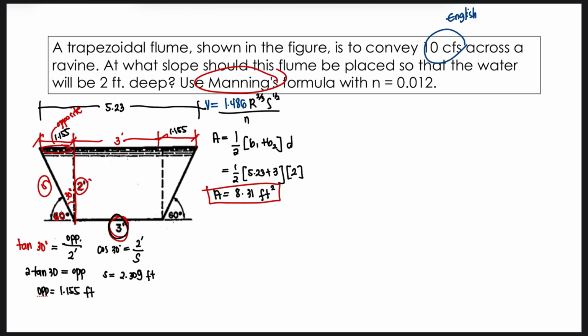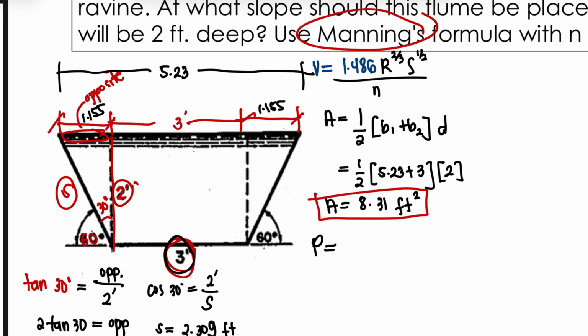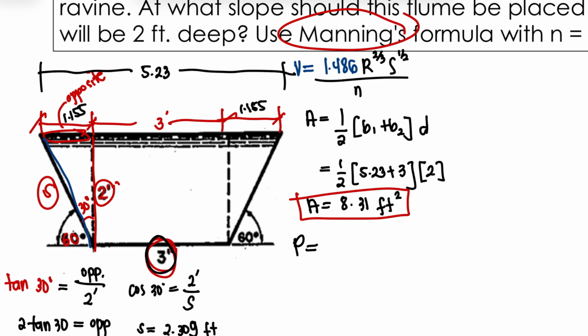Now, let's try to solve for the perimeter. So for the perimeter, we have this side, the width, and then this side. So for this one, we have 2 side plus the bottom. Ay, bottom 2.